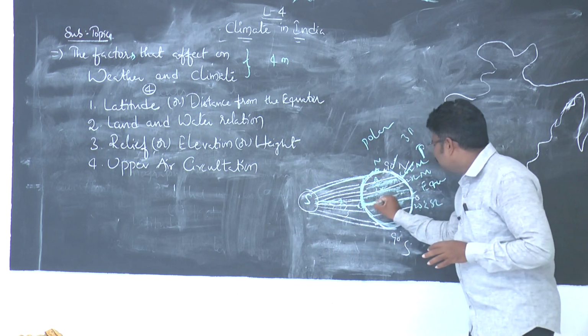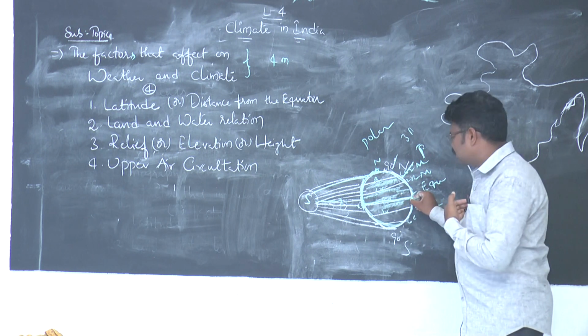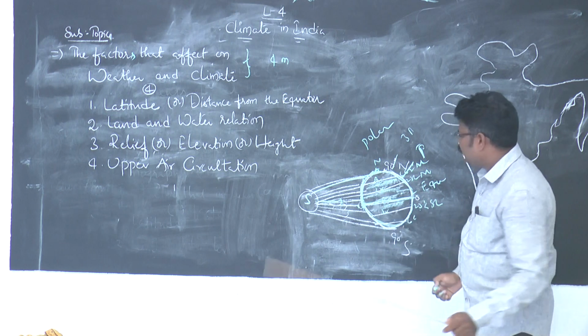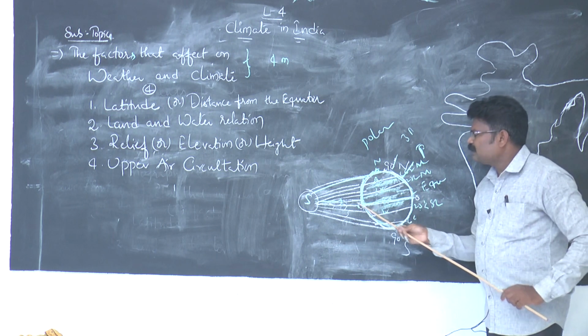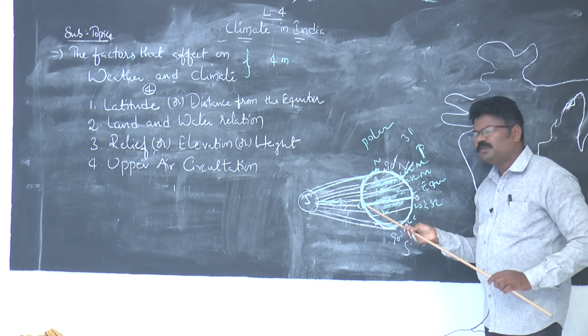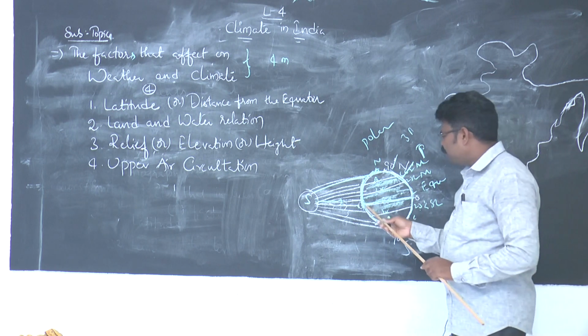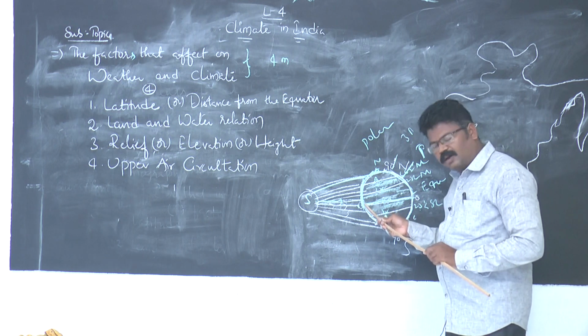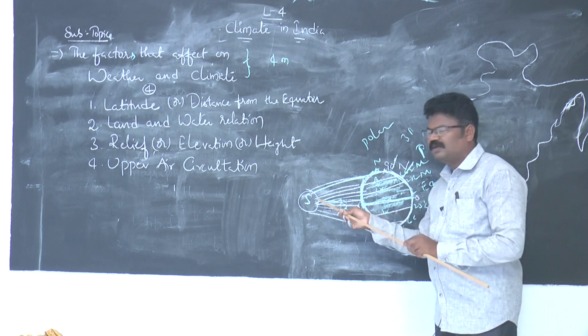So these lines are helping us. The places which are situated in the equatorial region are near to the sun. That's why you have to conclude the temperature is hot, because these places are very near to the sun.